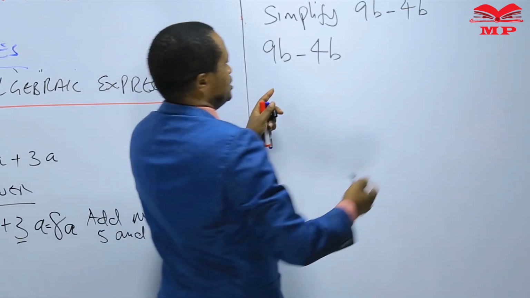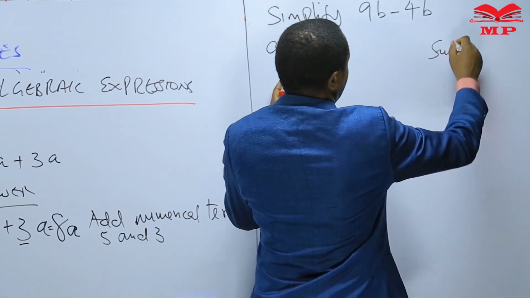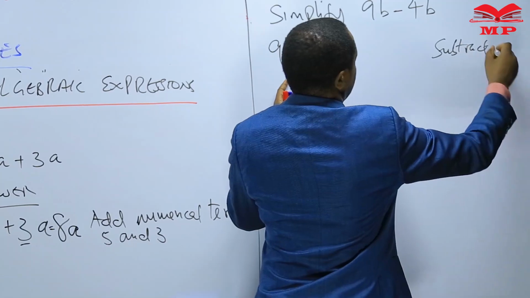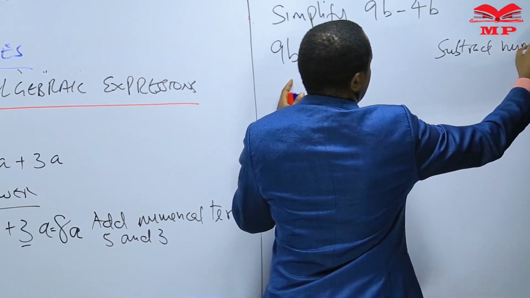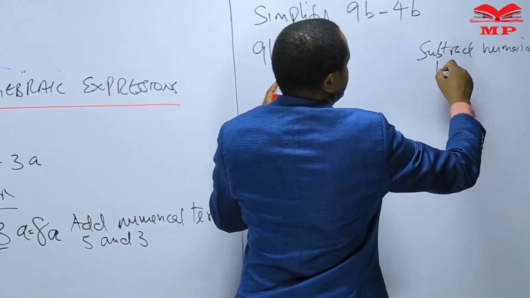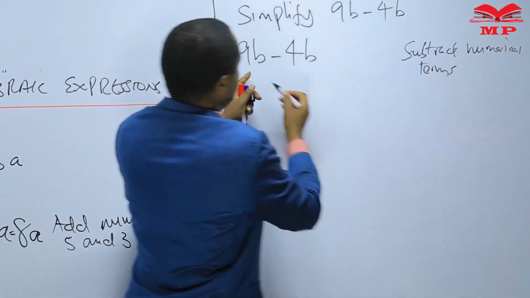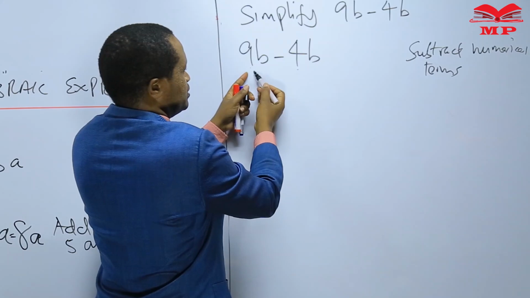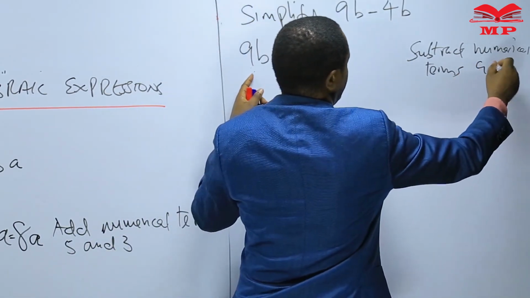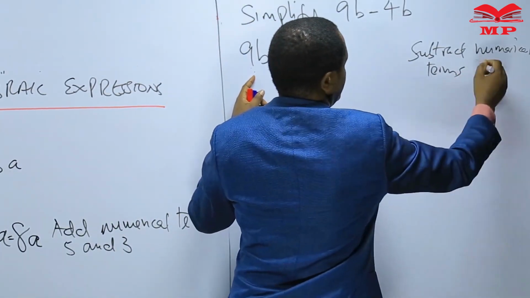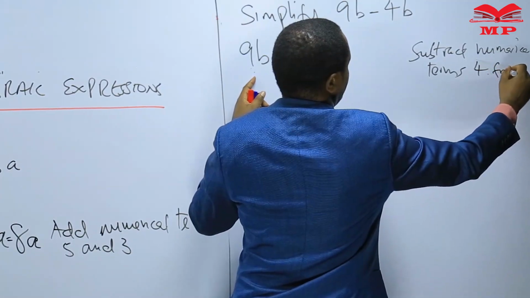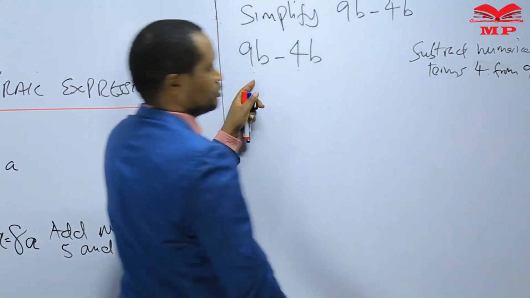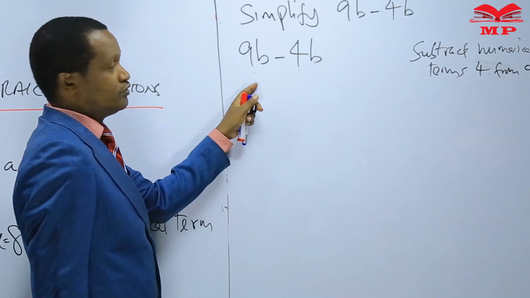So we will subtract numerical term 4 from 9. Subtract numerical term 4 from 9.